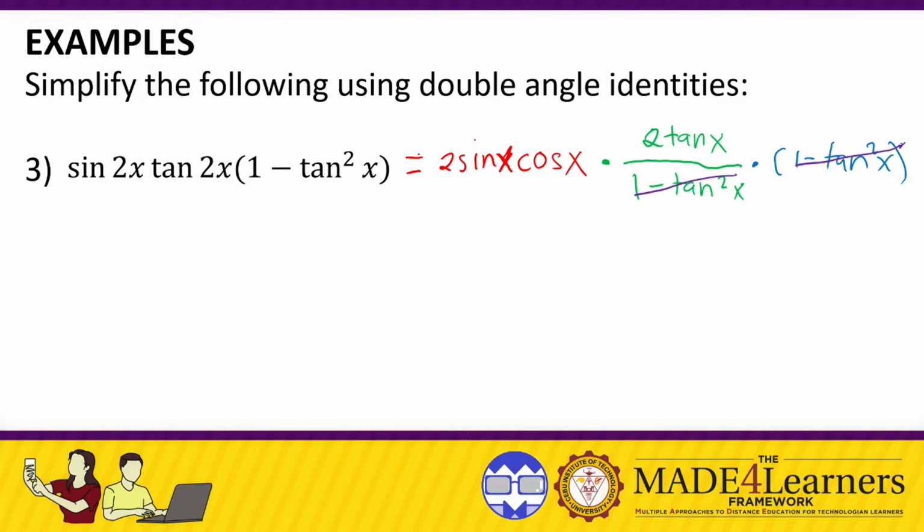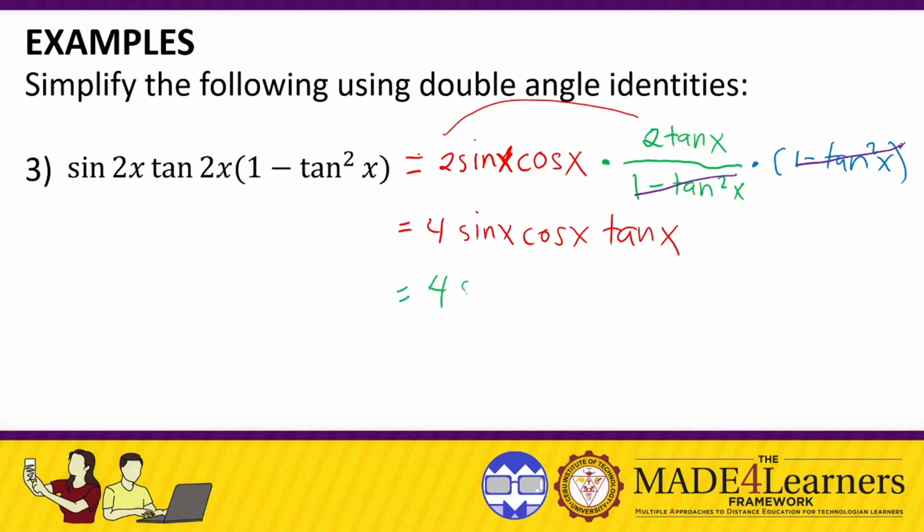So we are left with 2 sine x cos x times 2 tan x. Let's combine: 2 times 2 is 4, so we have 4 sine x cos x tan x. This is not yet done because we know that tan x has its identity. The quotient identity for tan x is sine x over cos x.